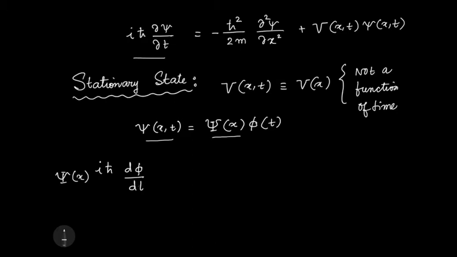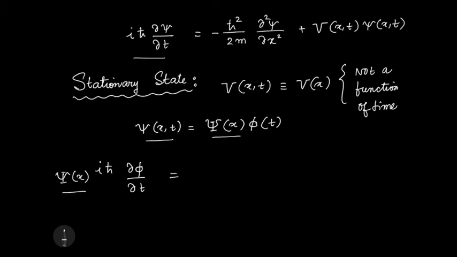Okay, so let's still write the partial derivative. Just remember that it's only a function of time, phi. There is a reason for doing that, but I will not go into it. What happens in the right hand side?